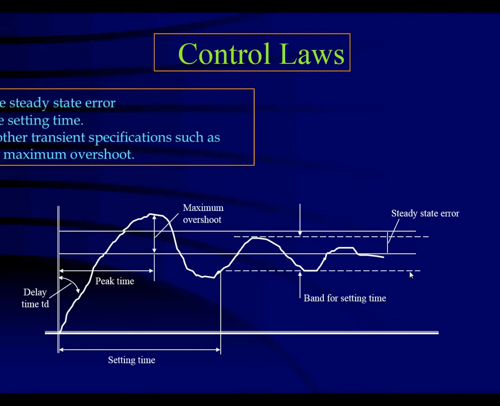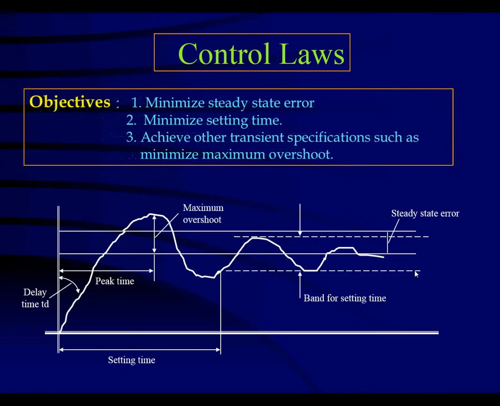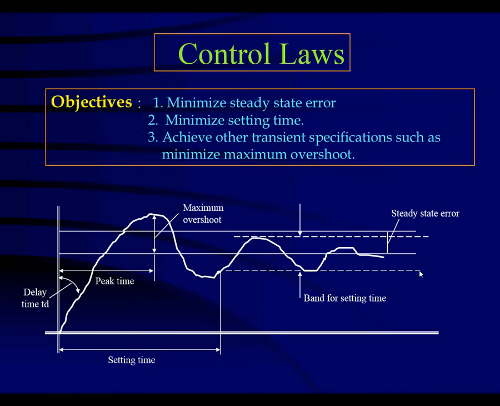So in this particular case, our objective is to minimize the steady state error and to minimize the settling time. We have here the peak time to the maximum, and this would be the settling time that we measure here.